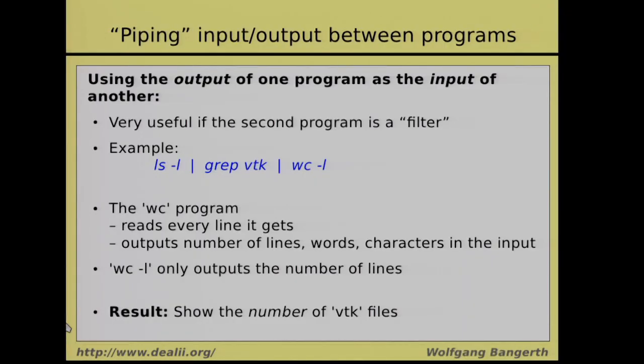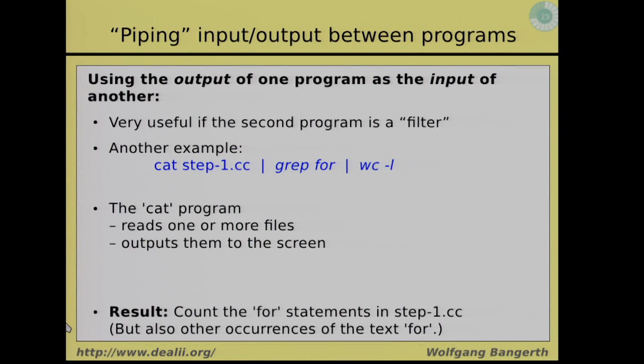So I showed you how filters operate. Here would be another example. Let's say cat is a program that just takes a file name and outputs the content of this file. In this case it's one of the tutorial programs, step1.cc. I take the output of this and I put it into grep with argument 4. That's going to output only those lines that contain the text 4.